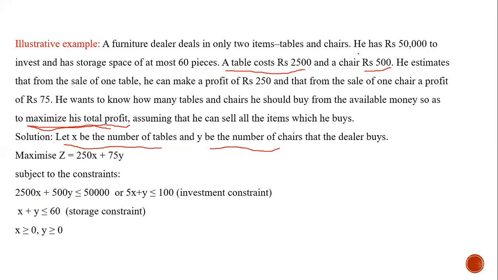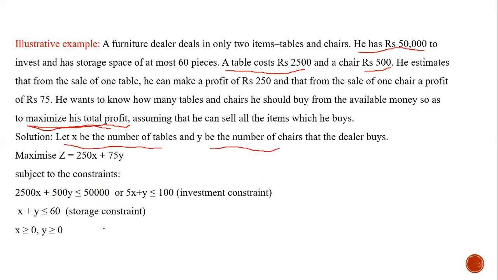And we saw here that he has only rupees 50,000 to invest. So that is the first constraint, regarding the investment. Which can be represented mathematically as 2,500x plus 500y less than or equal to 50,000.